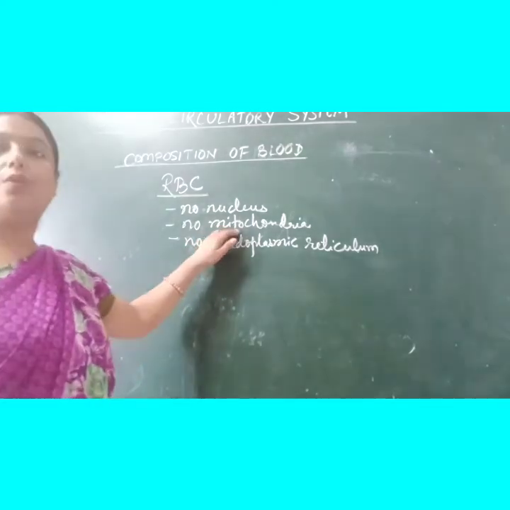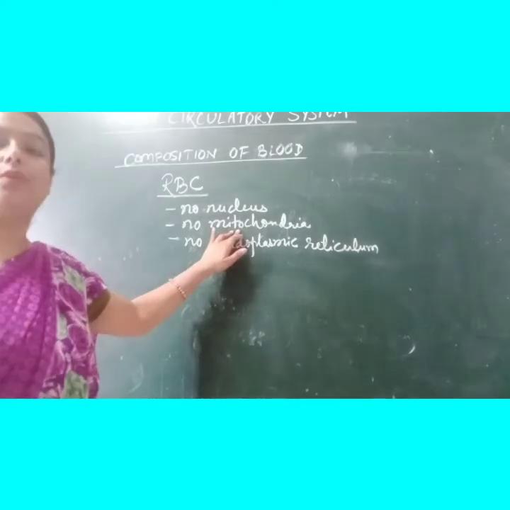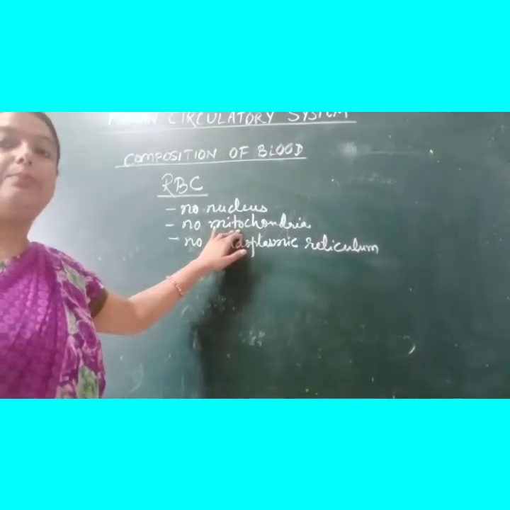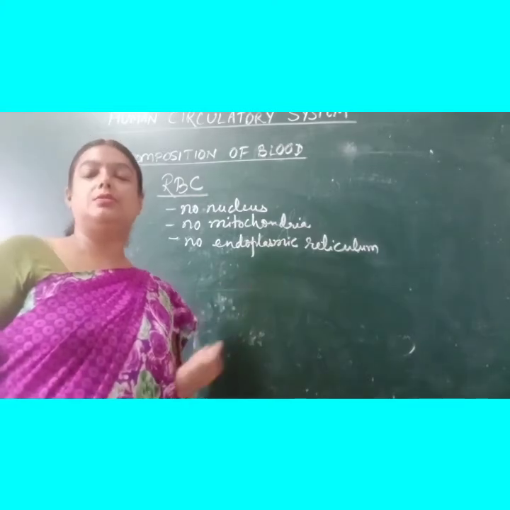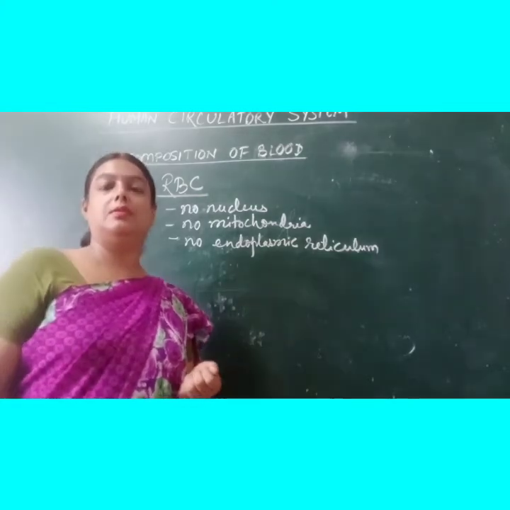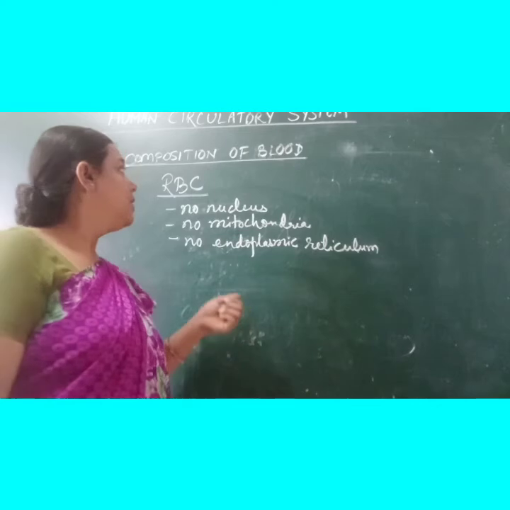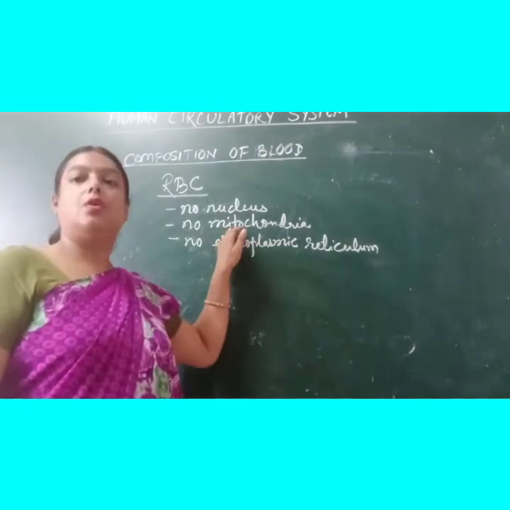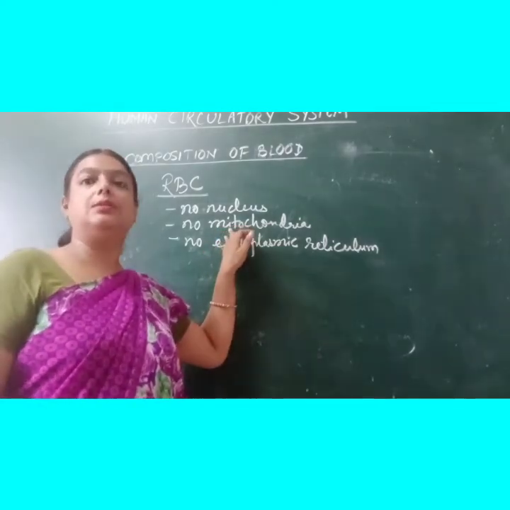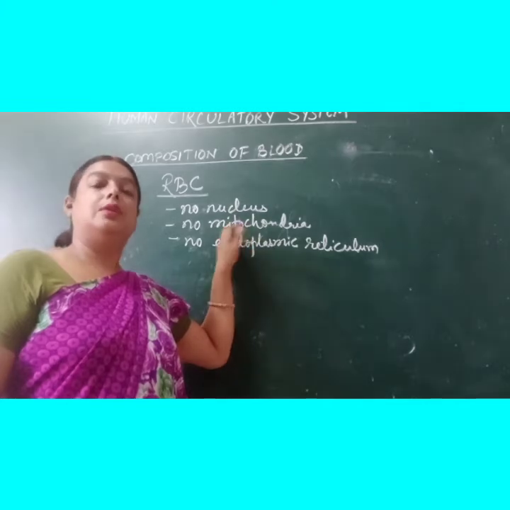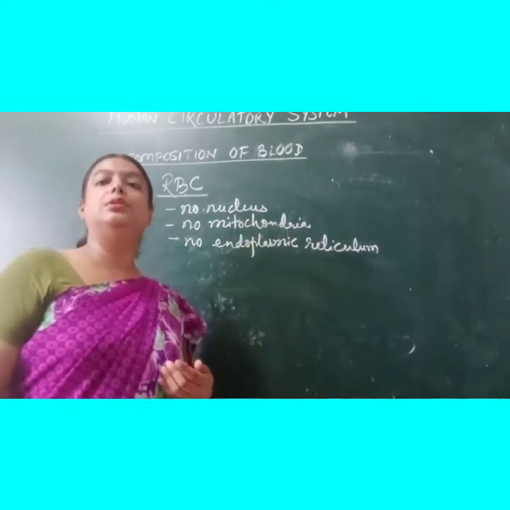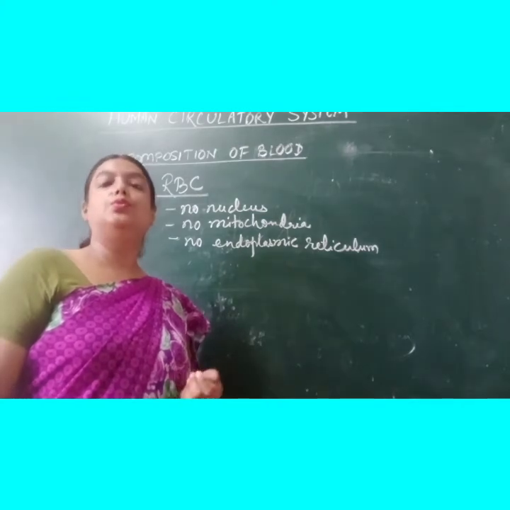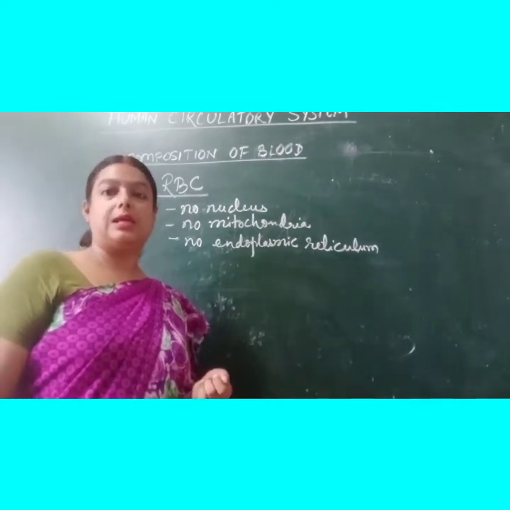Absence of mitochondria: due to the absence of mitochondria, red blood cells cannot use oxygen for their own respiration, and whatever oxygen they have absorbed from the lungs will be delivered unused to the different cells.